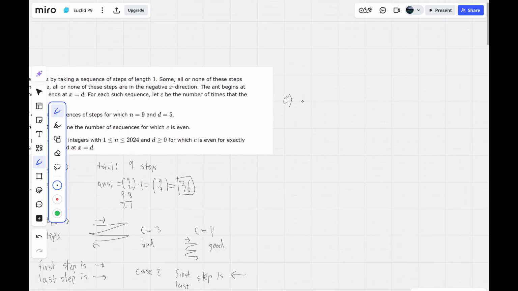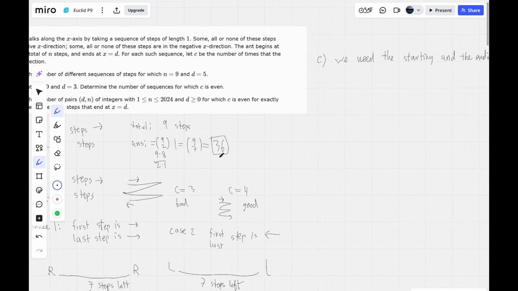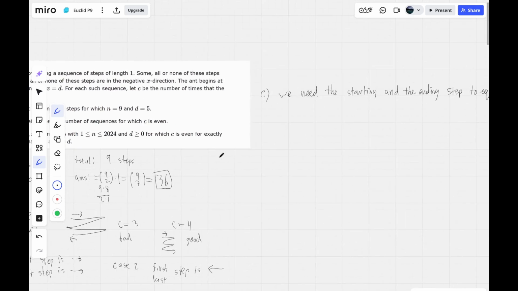So we need the start and the end step to be equal, right? And we can do that in 2 cases, similar to the last question.